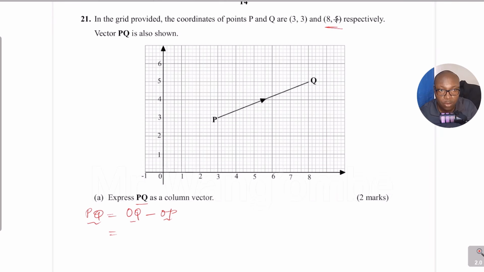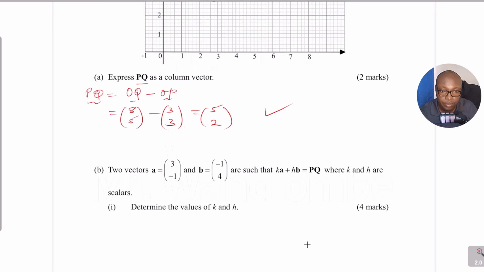So write that one in column form. It will be 8, 5, like that. Then subtract the position vector of P. That is P is (3, 3). 3, 3, like that. And this gives 5, then 2. So that is vector PQ as a column vector, (5, 2).